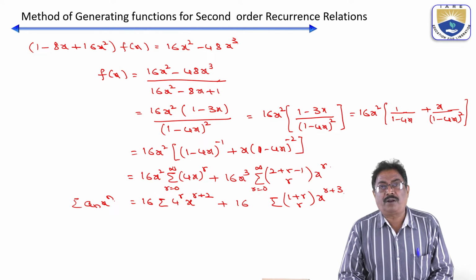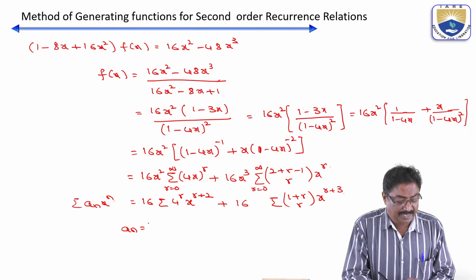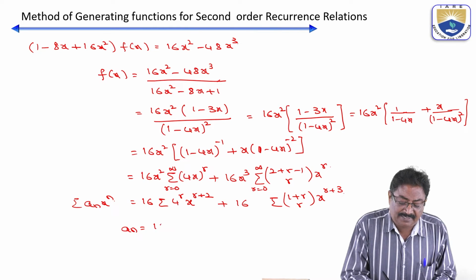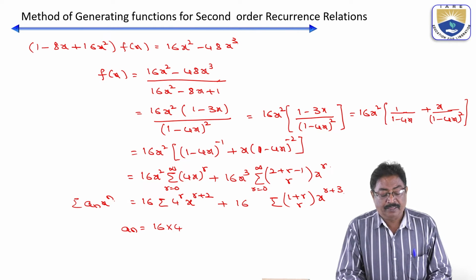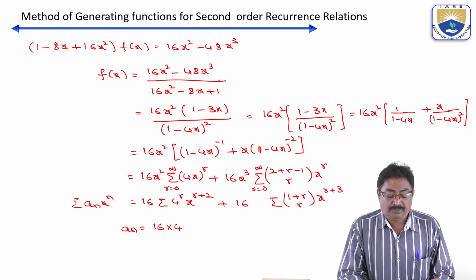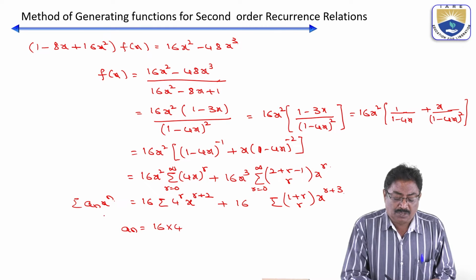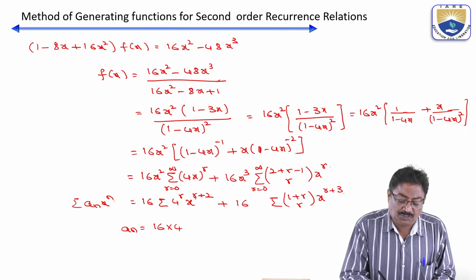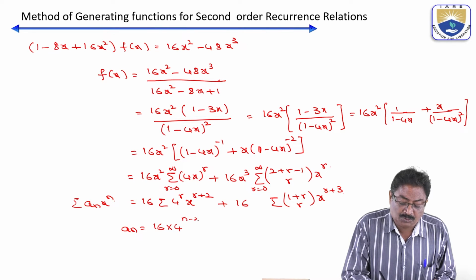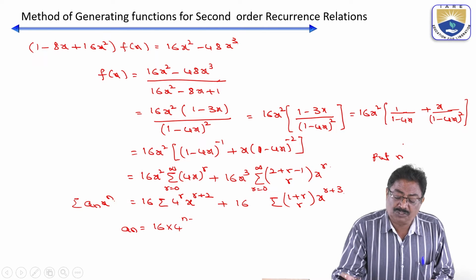So now if I compare the coefficient of the nth term, then a_n is equal to 16 into 4 to the power of r, for what value of r? a_n is equal to the coefficient of x to the power of n, so n minus 2. Put r equals n minus 2.